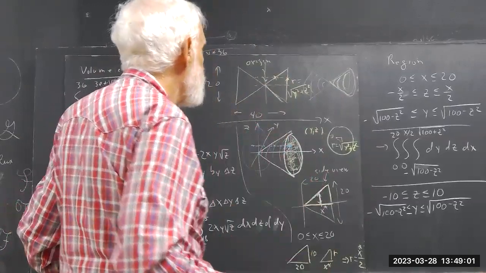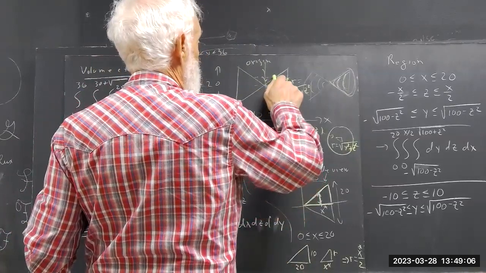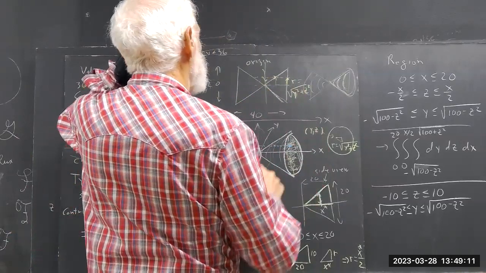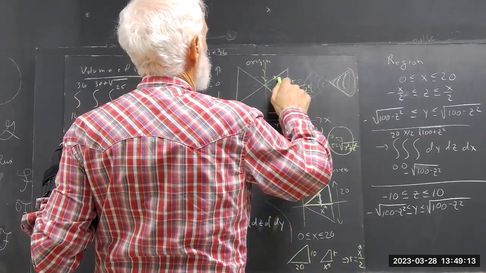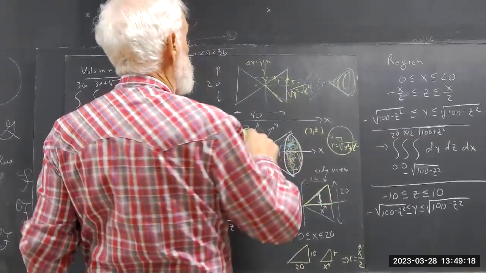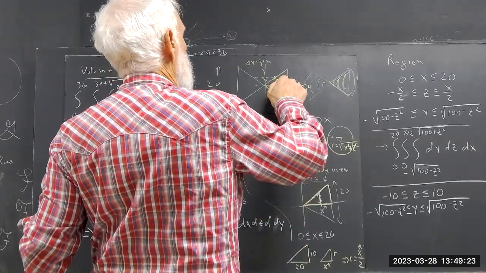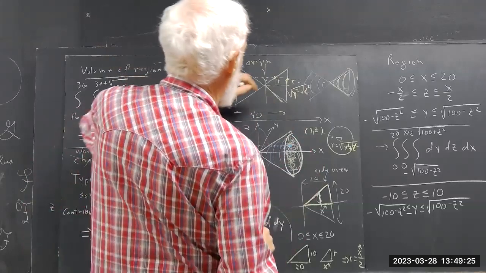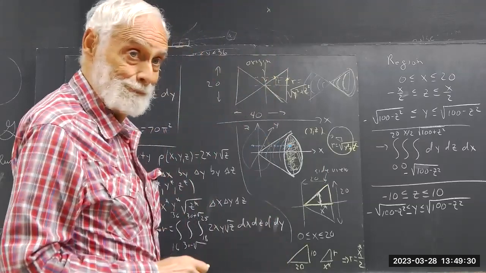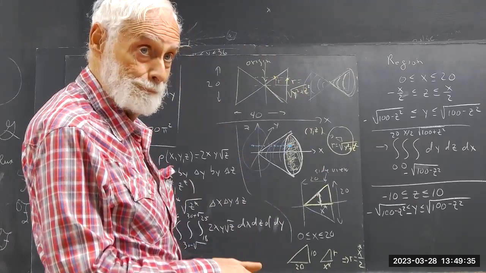Well, again, by similar triangles, you're going to have r here. And r is going to be in the same proportion to the x coordinate as 10 is to 20. And so r is going to be half of your x coordinate.